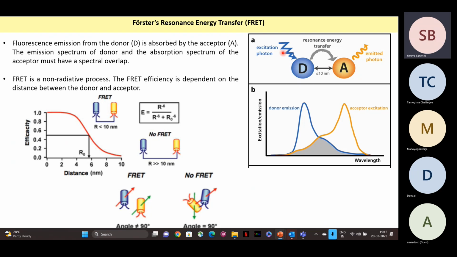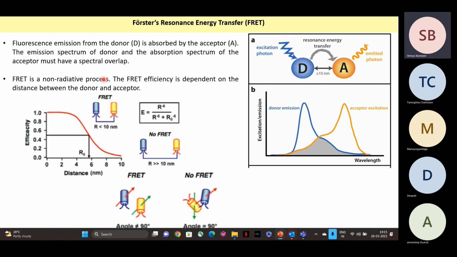So basically what happens is that in normal fluorescence, the donor will absorb the photon and then release fluorescence. But in this case, the fluorescence of the donor is not observed because the energy released by the donor is accepted by the acceptor, which then releases fluorescence. So the fluorescence spectra is observed for the acceptor, and the excitation spectra is observed for the donor.